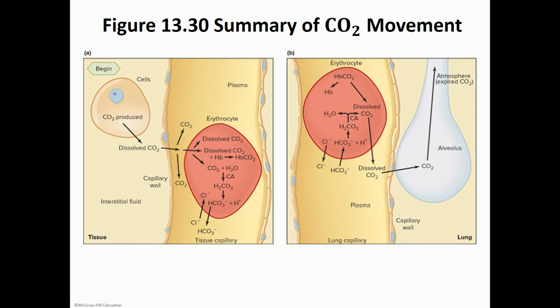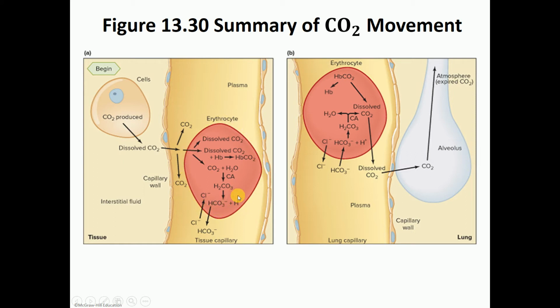The remaining carbon dioxide, and this is what happens to the majority actually, unites with water by the action of an enzyme known as carbonic anhydrase to produce carbonic acid, H2CO3, that breaks down into bicarbonate and hydrogen ions. All of these are happening within the red blood cell.